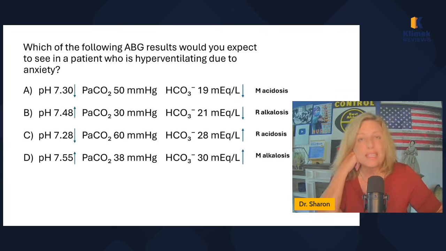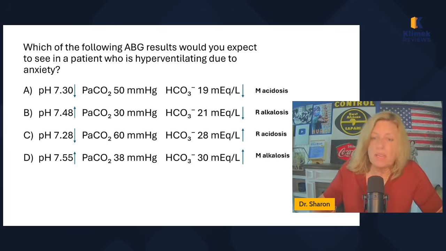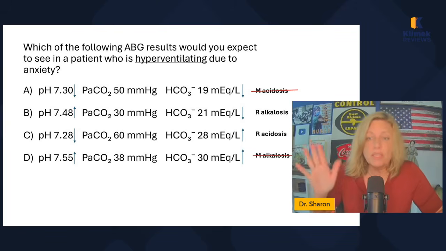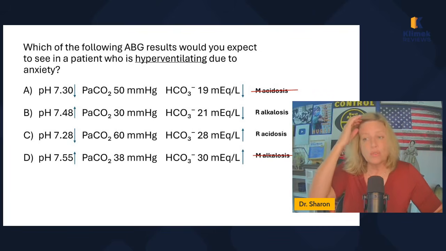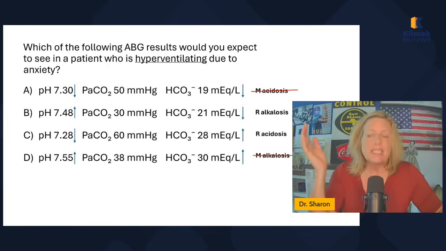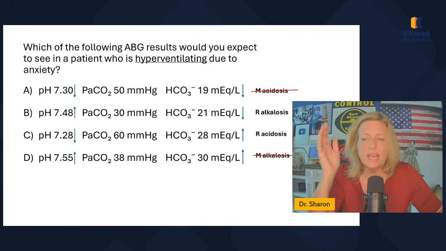So remember I told you this has to be a respiratory answer. So we're going to cross off A and D because those are our metabolic answers. So we're not even going to consider them. So now we're going to look at the PaCO2. I don't normally look at the PaCO2, but in this case I have to because I have two respiratory answers, and I say to myself, is it going to be alkalosis or is it going to be acidosis? Hyperventilating, you're blowing off CO2.